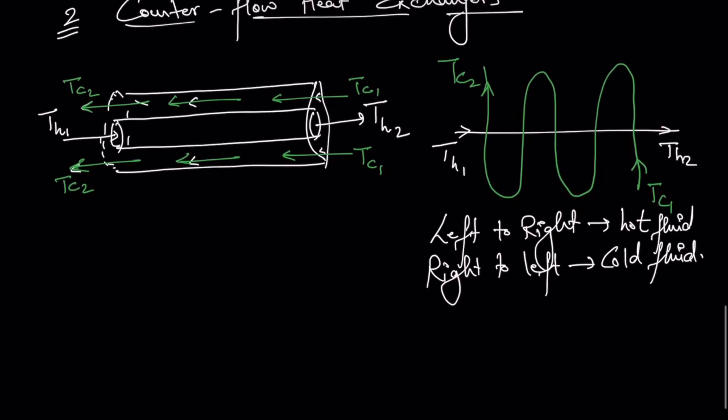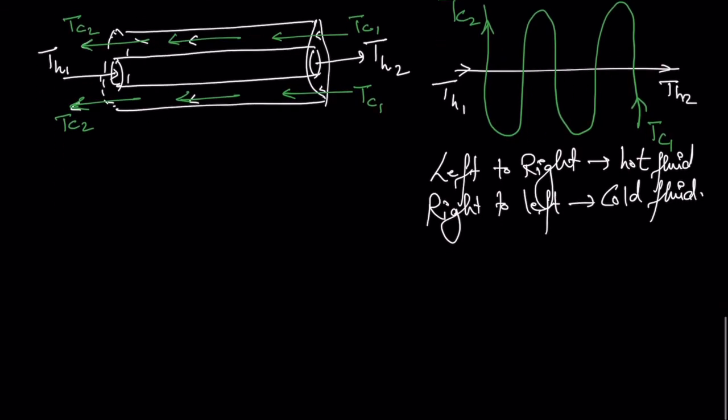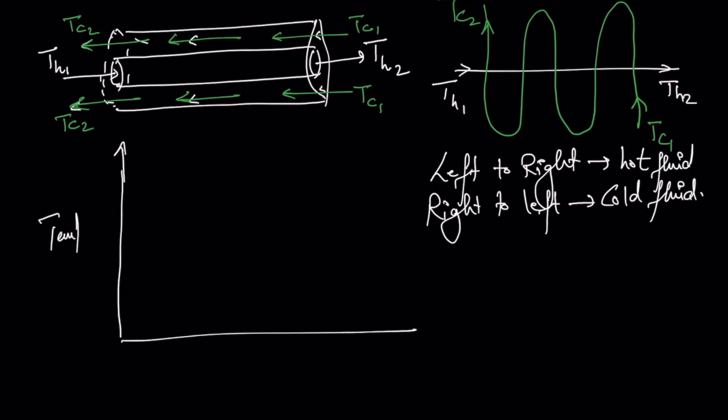And if you draw the temperature distribution for this counter flow, it will look like this. This is the temperature, this is area, suppose this is the exit, and this is the entrance at the origin, 1.